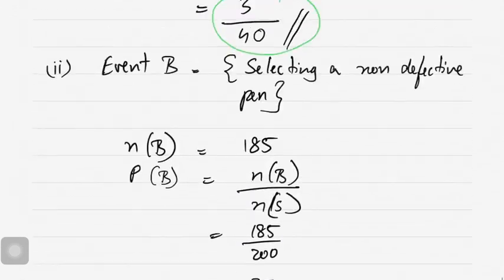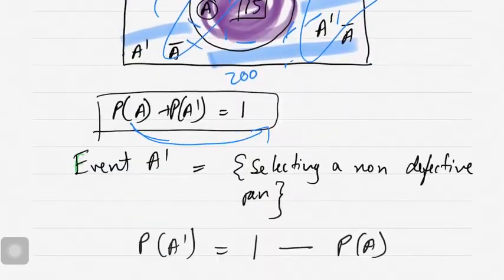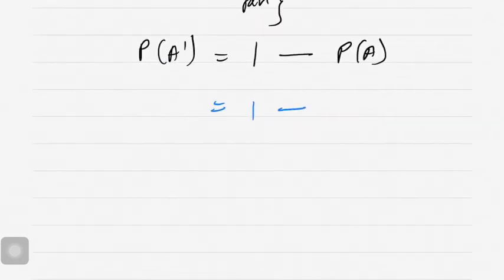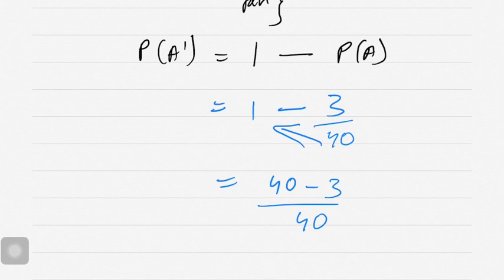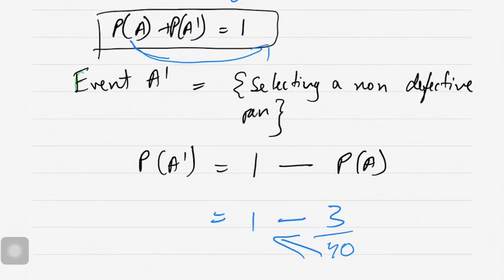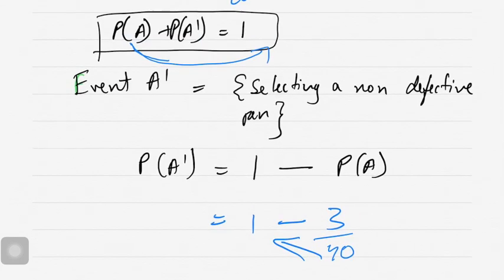P of A dash you don't know, but you know P of A. So P of A you have already calculated, which is 3 by 40. You calculate this: 40 minus 3 divided by 40, which is 37 by 40.